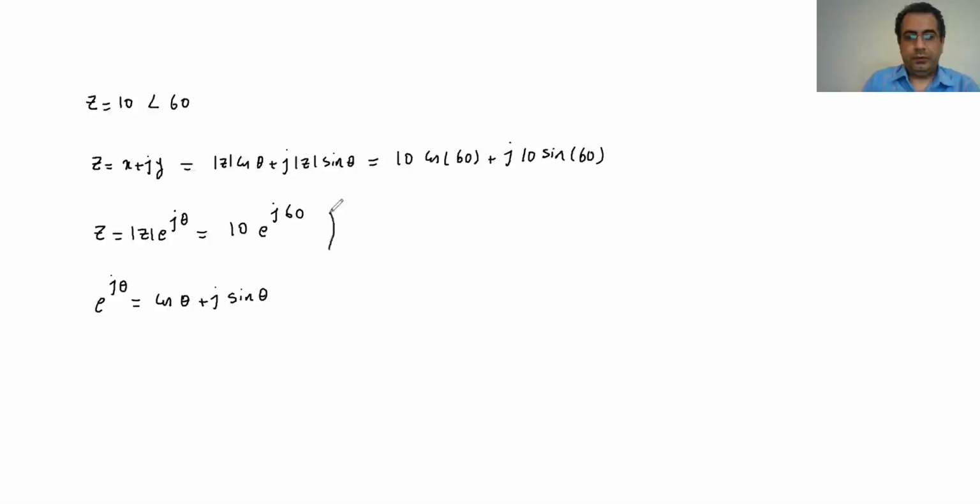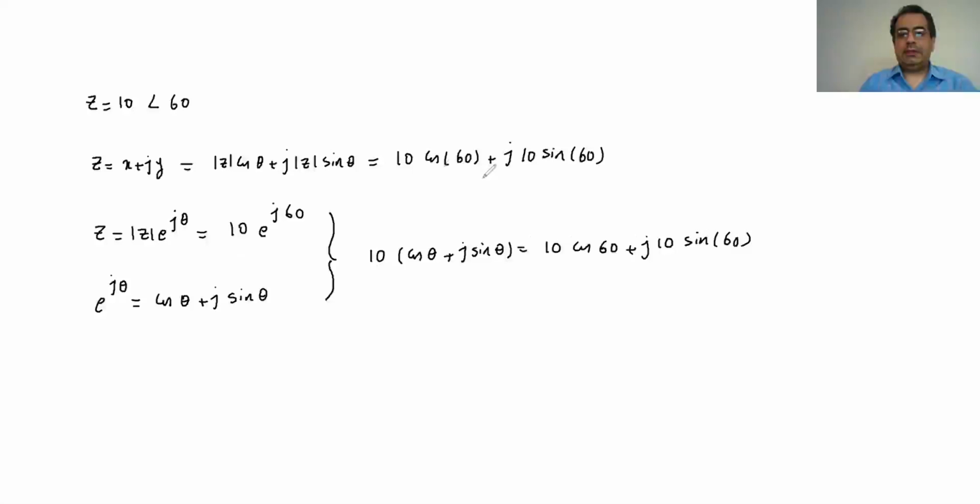So if I do that, I will get 10 times cosine theta plus j sine theta, which is going to be 10 cosine 60 plus j 10 sine 60, which is the same as what I have here.